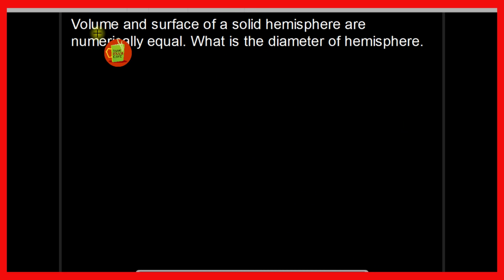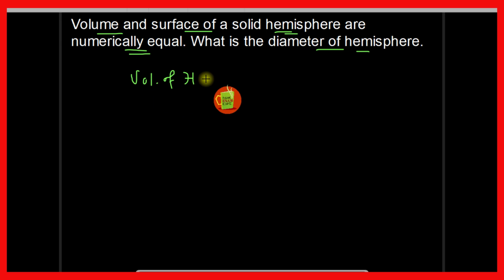Now the question is that volume and the surface area of solid hemisphere are numerically equal. What is the diameter of the hemisphere? It is given that the volume of hemisphere is equal to surface area of hemisphere, that are numerically equal.